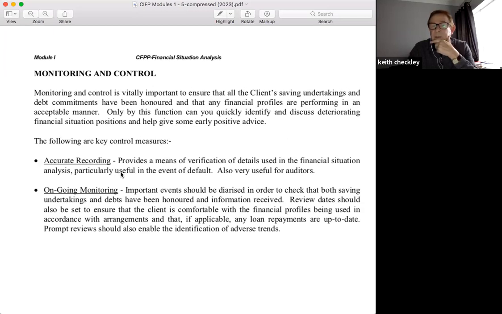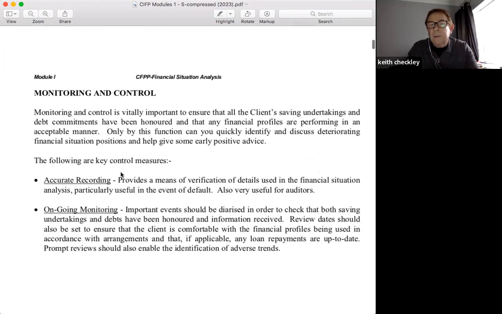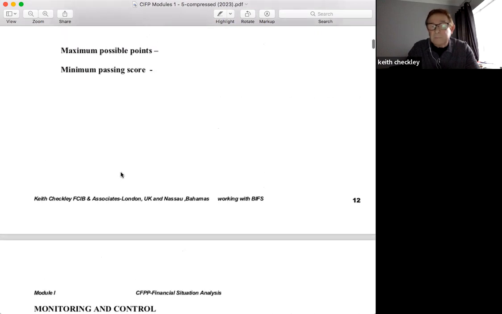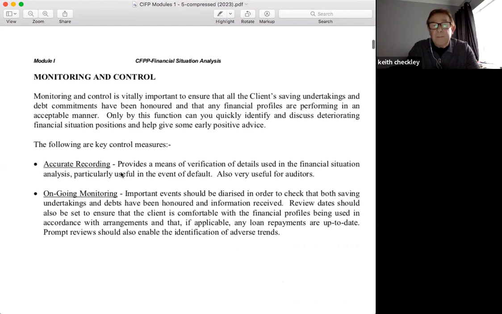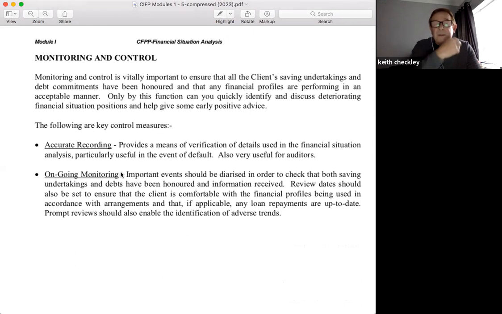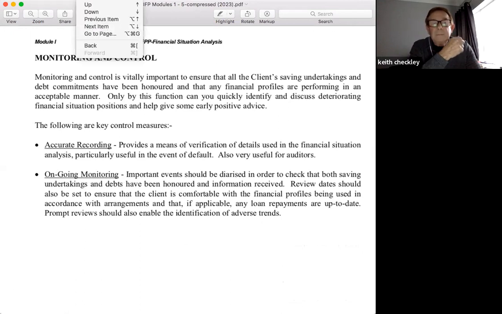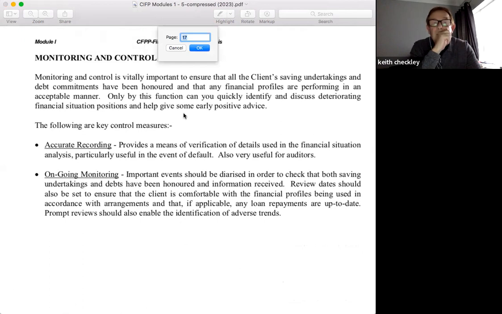So, monitoring and control. You'll find this a bit further on in your notes, towards the end of the first section there, page 17 in the PDF file that I've got here.